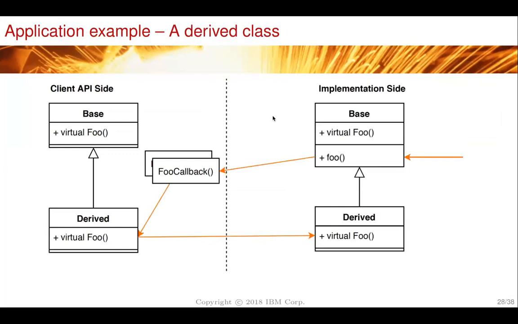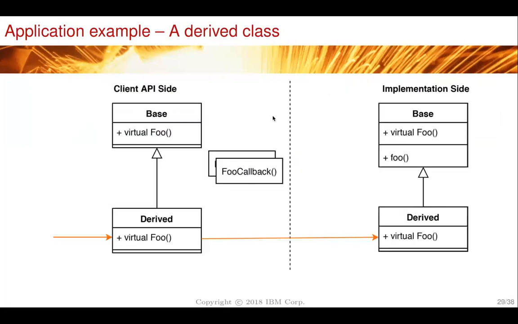Okay, good. Looking at things again from the client side or from the user's perspective, nothing still changes. If we want to call the derived override of foo, we can still just call that, and the call gets forwarded for us to the implementation side.